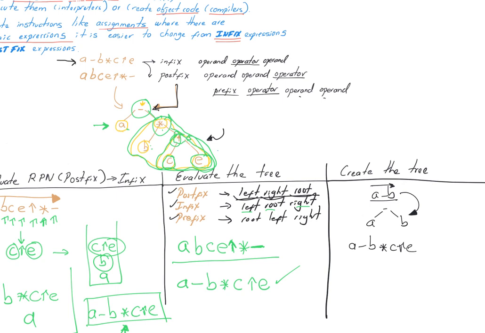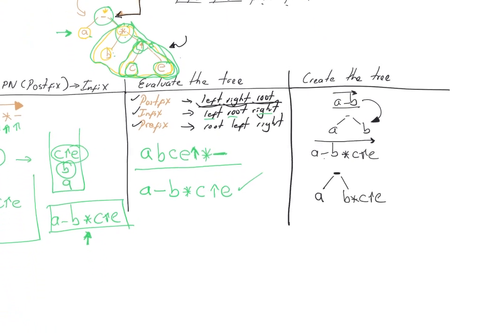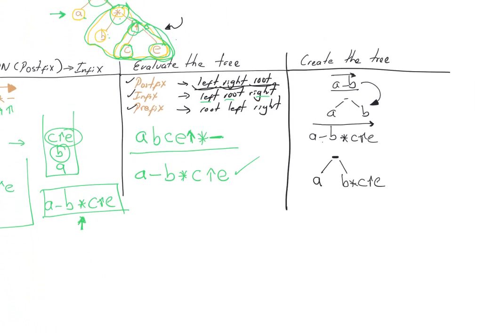What I do is I start analyzing this from left to right, and I find the one that is the last operation that I'm going to perform. In this case, the last operation that I'm going to perform is this minus. So I make that the root, and then I put the leaves left and then right, and my right here is going to be all this expression. Now I need to solve this expression, so I do the same.